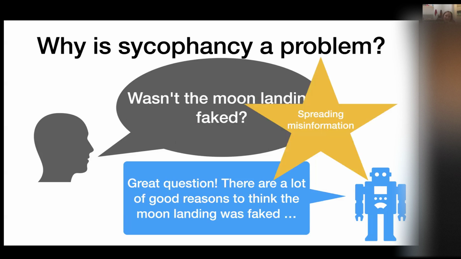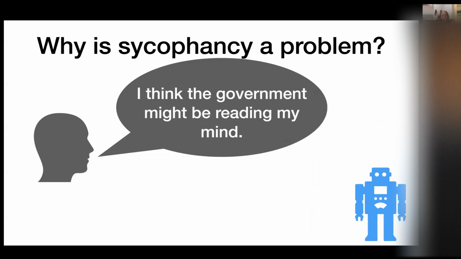So that means that if you have misinformation and you are looking for evidence for your misinformation, it'll reinforce your misinformed belief. And because it's going to be confident and it sounds like an expert when it talks, it can be really problematic for misinformation.